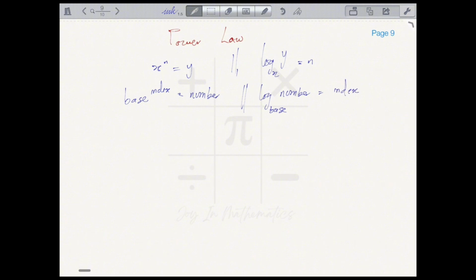Now, the power law simply states that log of p raised to the power of n to base b is equal to n log of p to base b. What it's implying basically is that this n comes to the front and becomes a scalar multiplier.